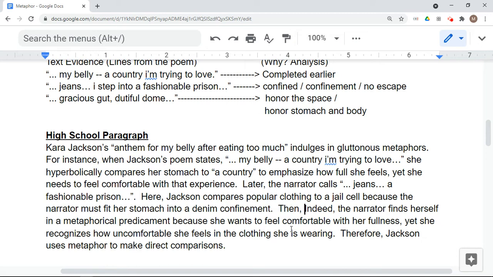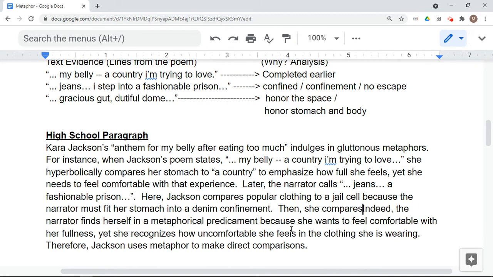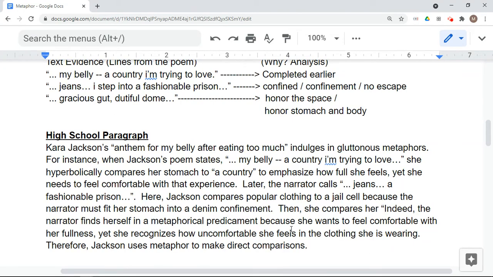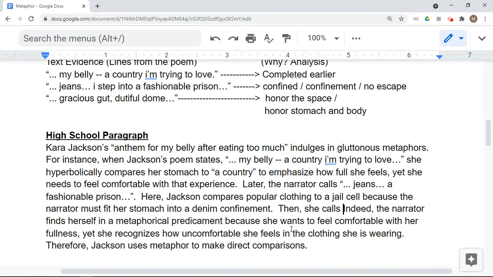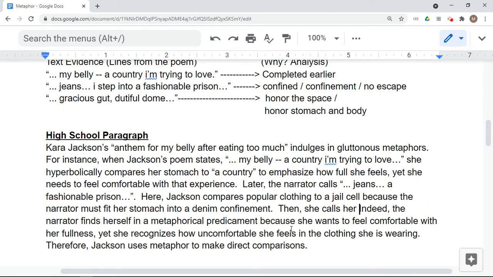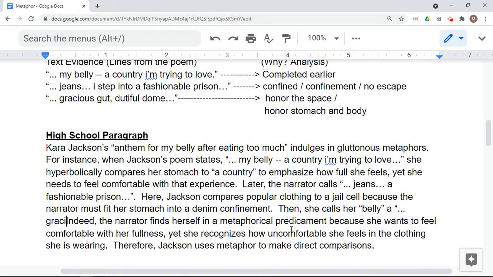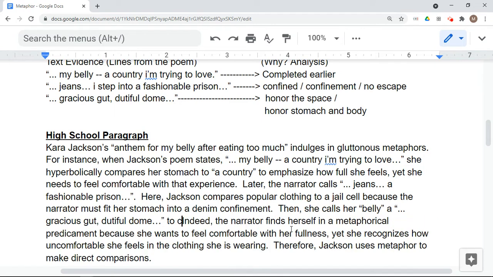Then the narrator, then she compares her gracious gut, and she calls her tummy, her belly, a gracious gut, dutiful dome, to compare.